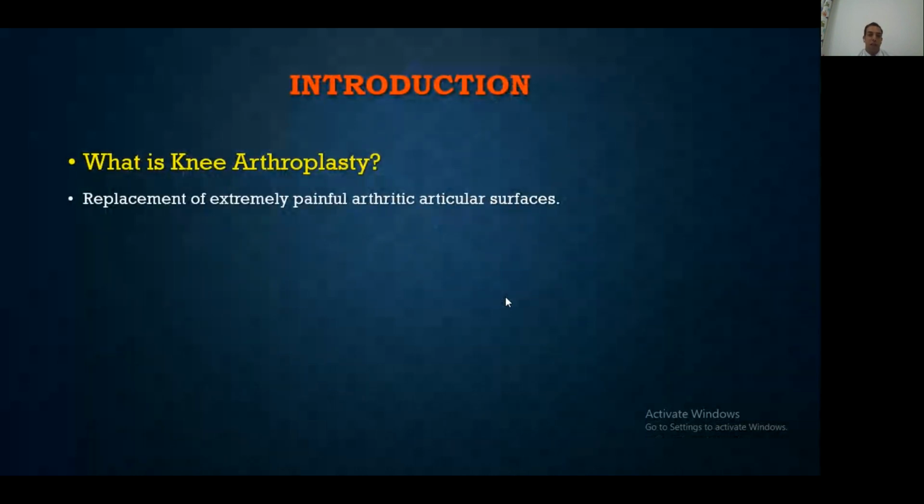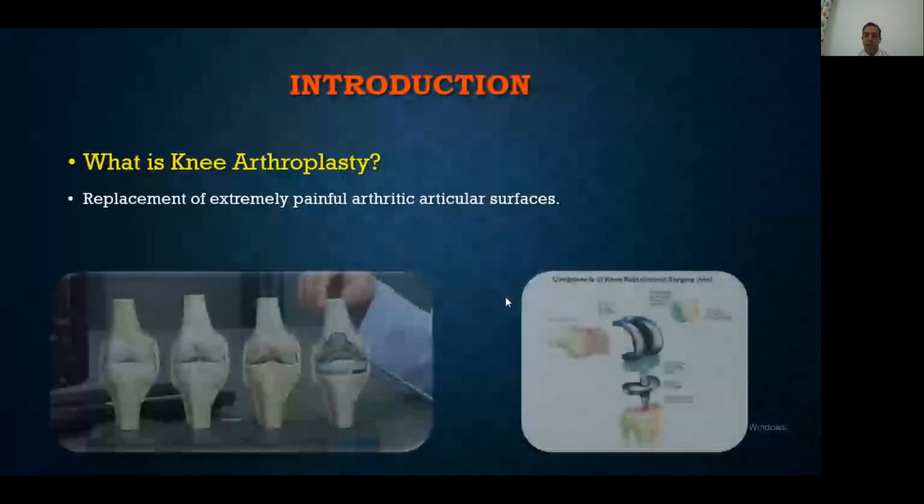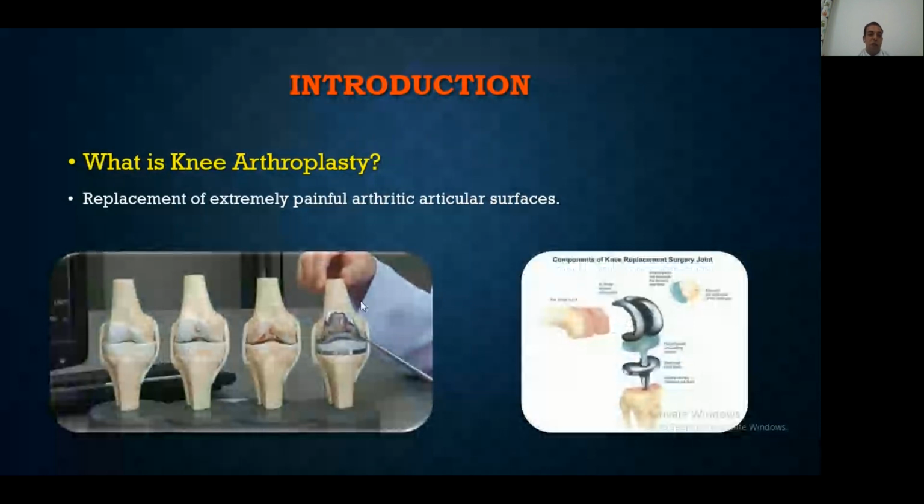What is total knee arthroplasty? It's a replacement of the extremely painful and arthritic articular surfaces. Please look here at these 2 pictures. On the picture on the left side, we have 4 knees. The very left is the normal knee, with articular surface smooth and covered with a nice cartilage layer.